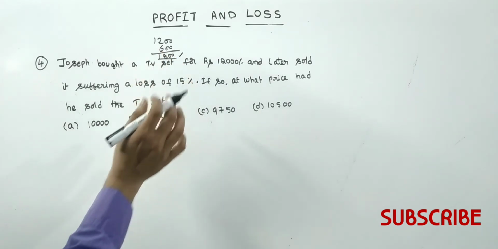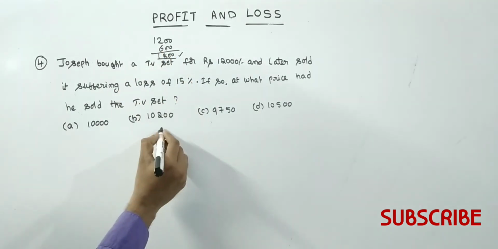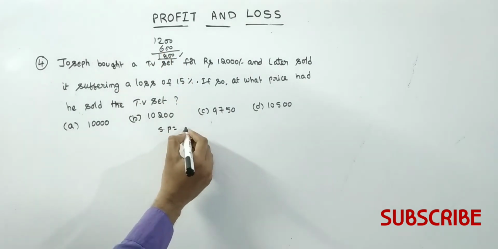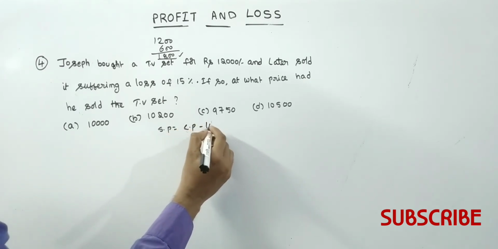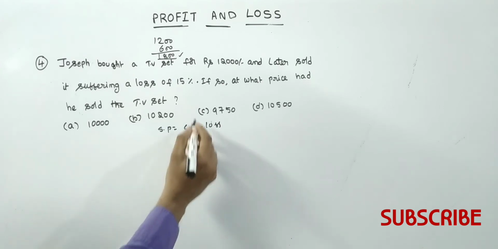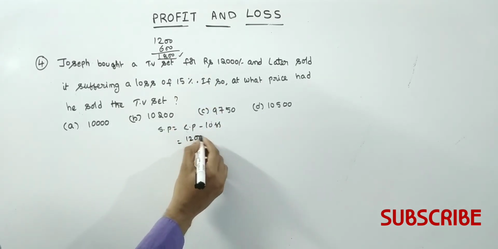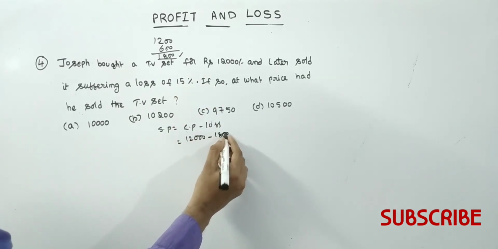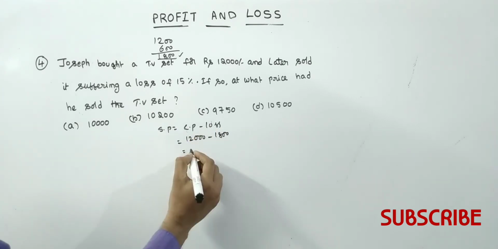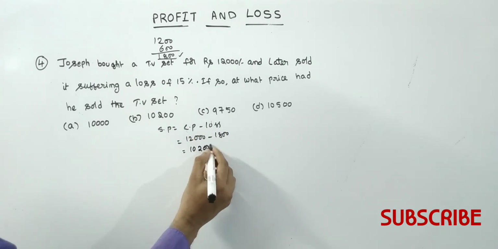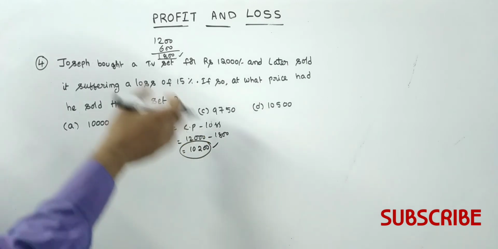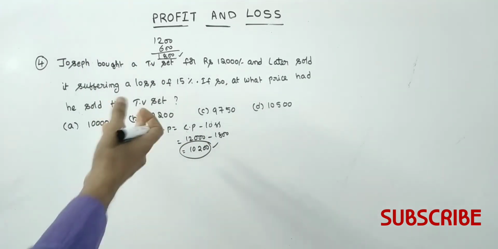So 1800 he got as the loss. That means selling price equals cost price minus loss. Then cost price is how much? 12,000 minus 1800. Then how much? 10,200. See friends, 10,200 is the selling price of the TV.